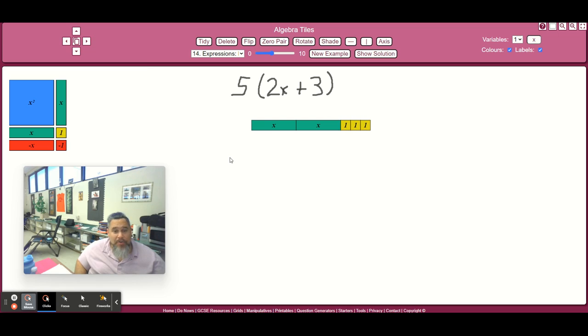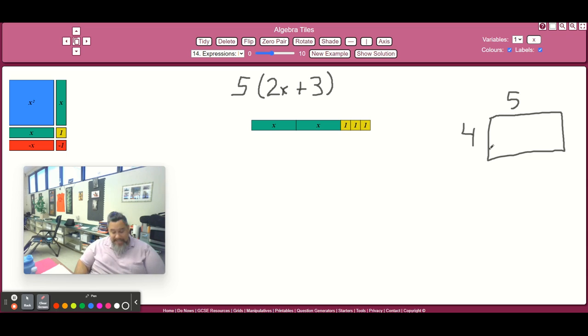Now, what we can also do is keep this as a heading, the same way I would put 5 here and 4 here as headings to tell me how big the rectangle is, to tell me what's in that rectangle when I try to find area.